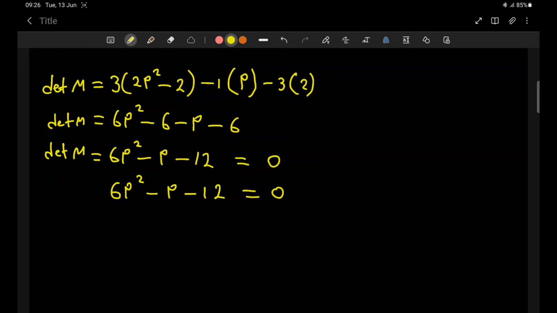So solving it using the quadratic formula, solving the value for p, we'll have negative b, positive or negative.